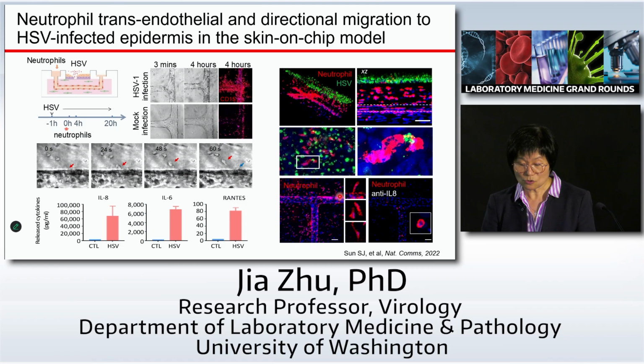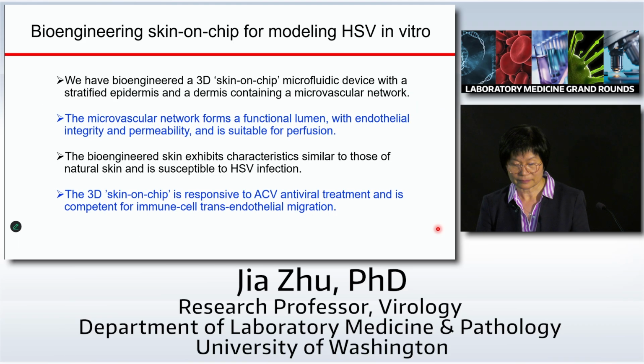Even the neutrophil cytoskeletal structure has changed from this elongated active form to a rounded resting form. So this experiment indicates that neutrophil reaction to HSV infection is IL-8 dependent.